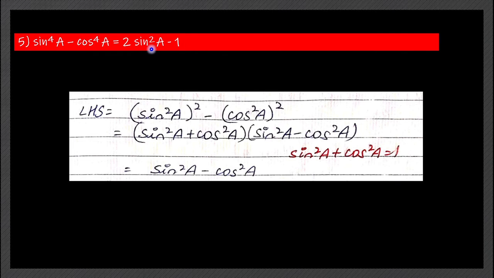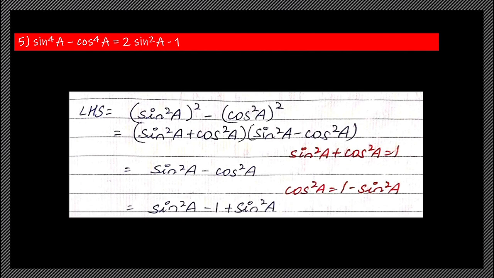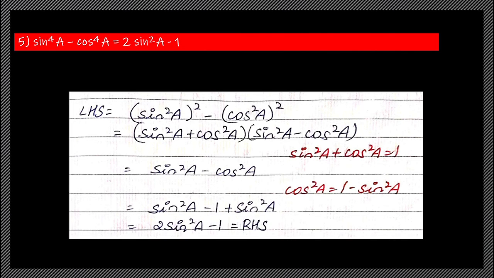RHS is only in the form of sine. So cos square A can be written as 1 minus sine square A. So henceforth, multiplying the minus into cos square A, we'll be getting sine square A minus 1 plus sine square A, which is 2 sine square A minus 1, the expected result at our RHS.